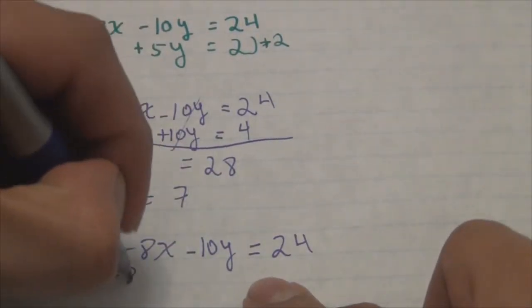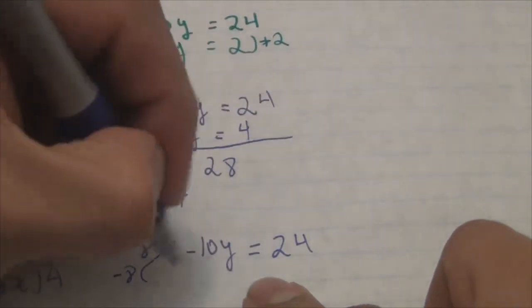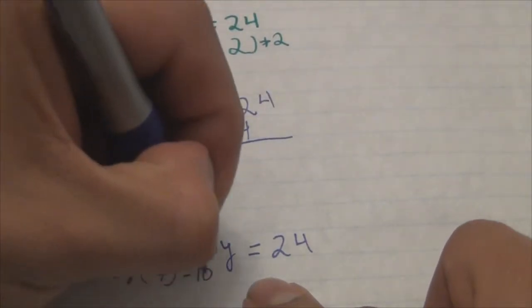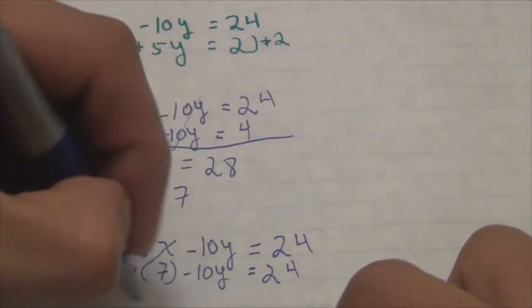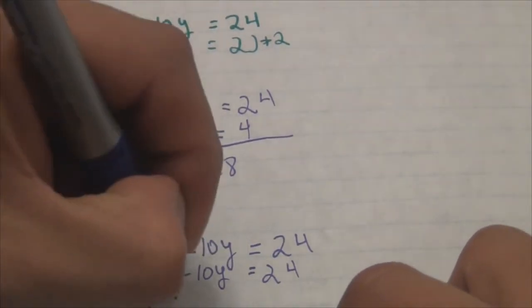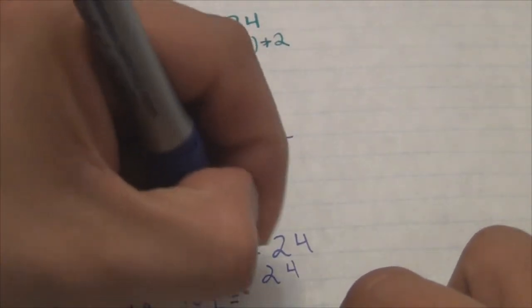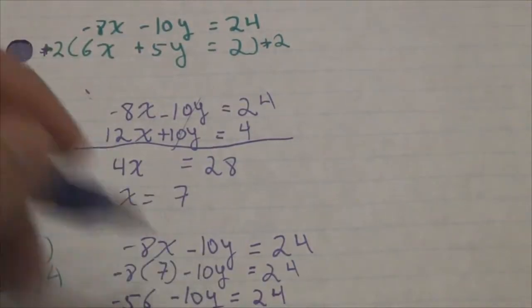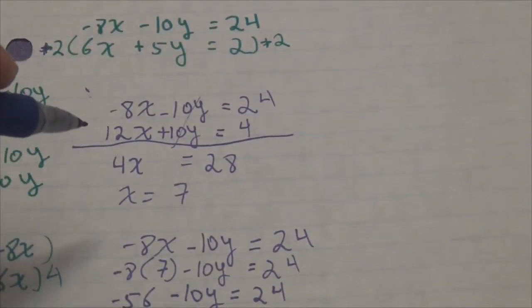So it's negative 8 times the value of x, which is 7, minus 10y equal 24. 8 times 7 is 56, so this is negative 56 minus 10y equal 24. I'm going to add 56 to both sides, right?